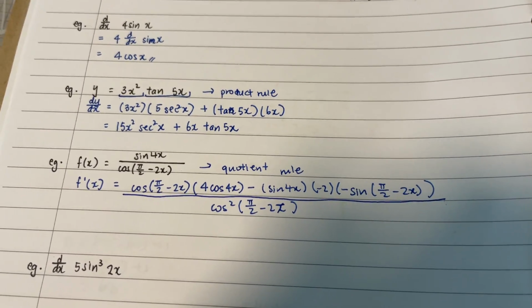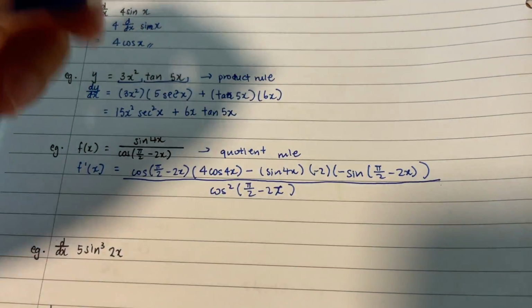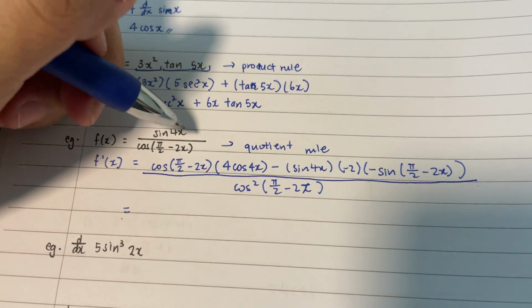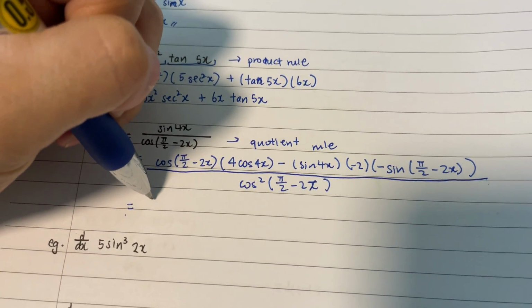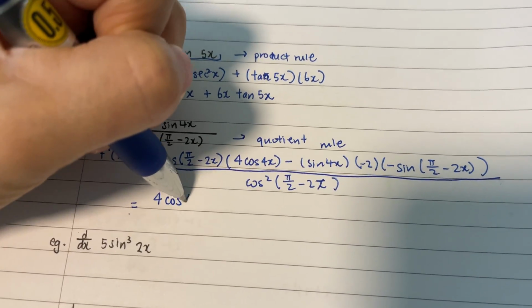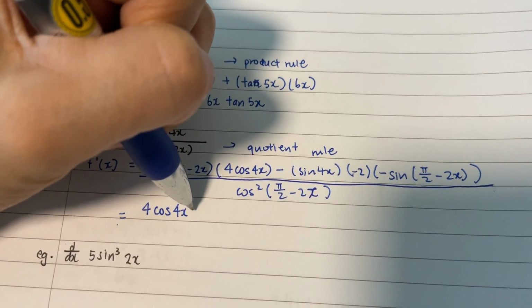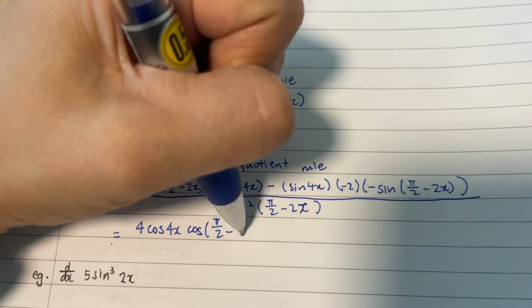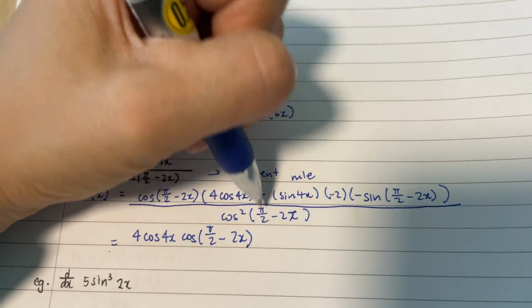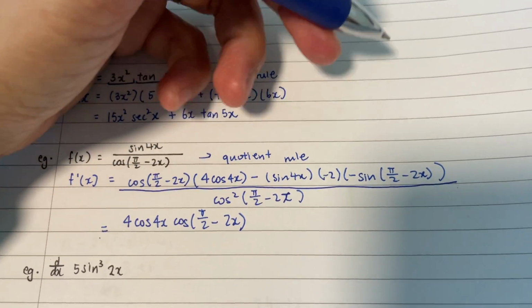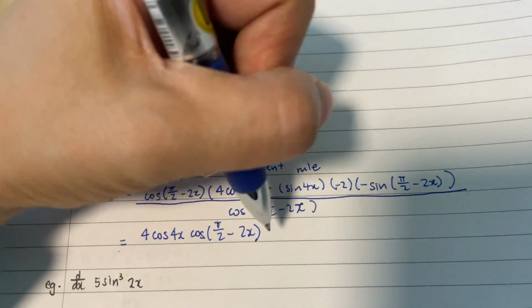And next we move on to simplify what we have. So as we simplify, we will end up with, bring out the 4 first, 4 cos 4x cos of pi by 2 minus 2x, minus, minus, minus, so I will end up with a negative in the end.